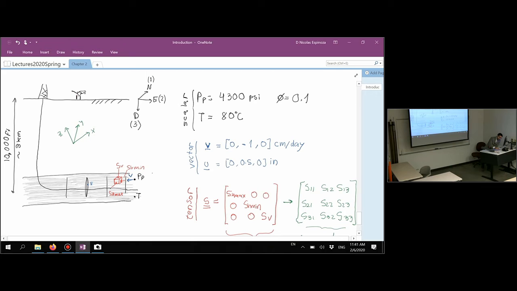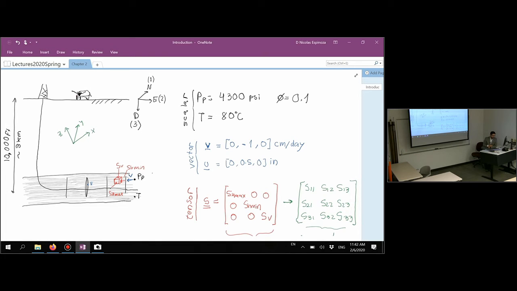You remember what was the gradient of total vertical stress? One psi per foot, right?